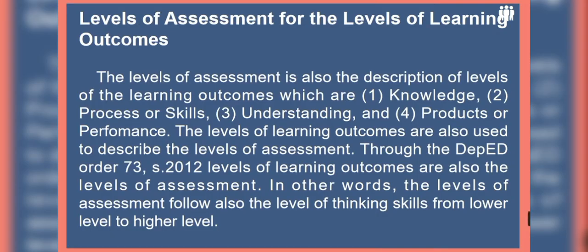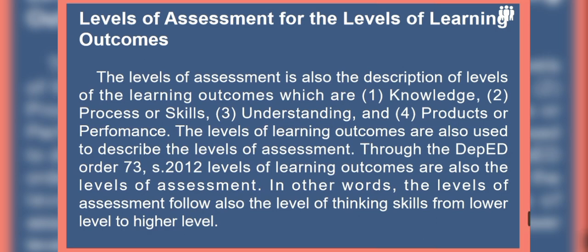And now we're going to move to the levels of assessment for the levels of learning outcomes. The levels of assessment are also the description of the levels of the learning outcomes, which are knowledge, process or skills, understanding, and products or performance. The levels of learning outcomes are also used to describe the levels of assessment.